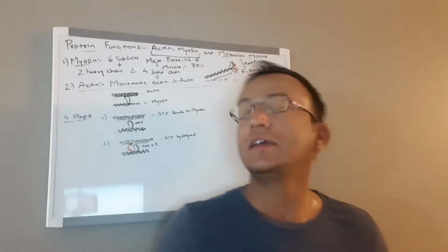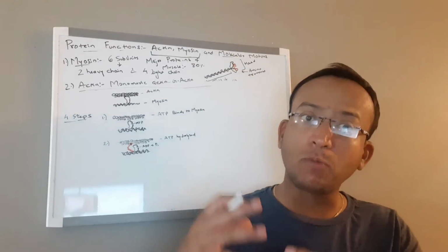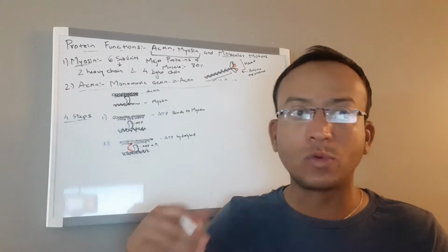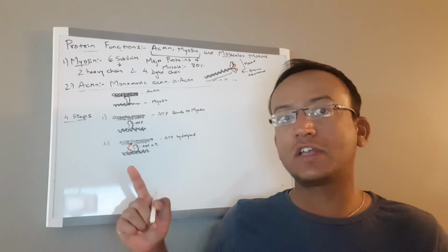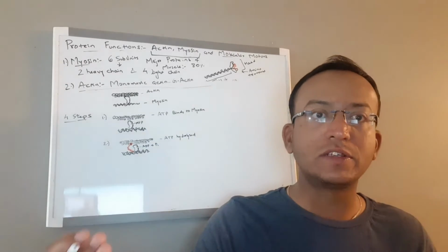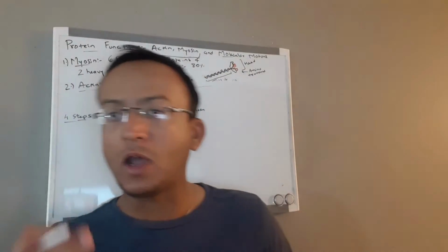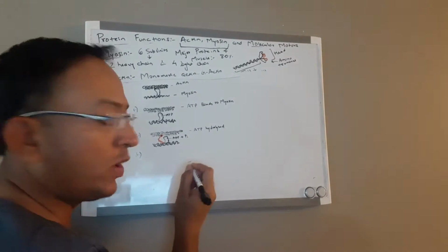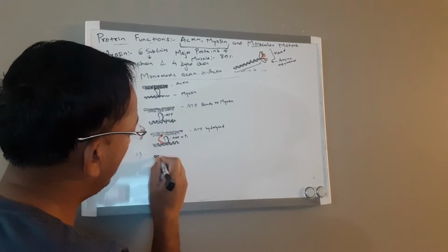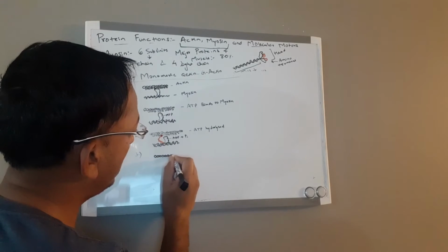So after that, in step 3, as the phosphate product of ATP hydrolysis is released, right now it has ADP and the phosphate. In the third step, the phosphate is also released from the myosin, and then another conformational change occurs. So what happens in step 3? We'll draw again.